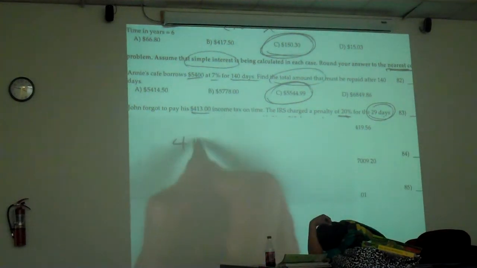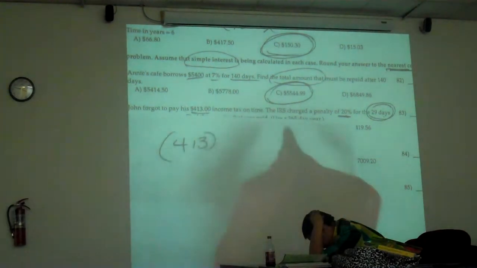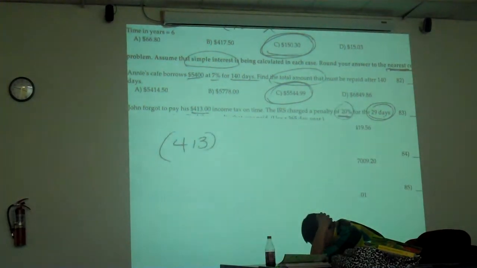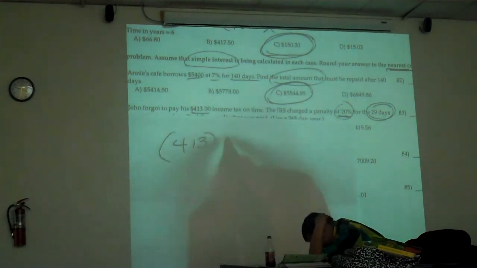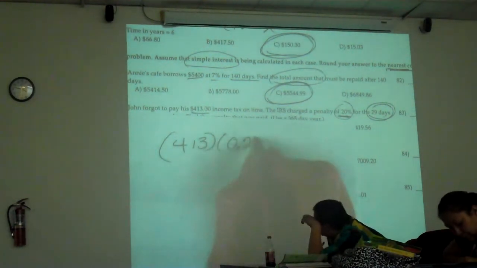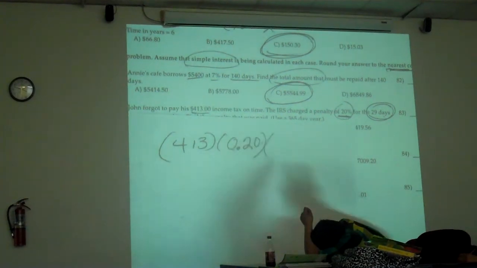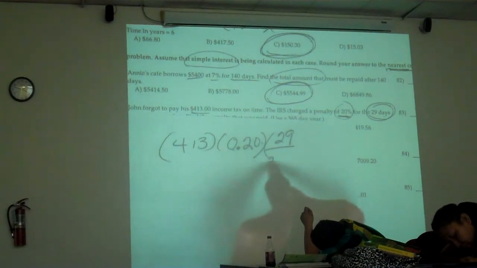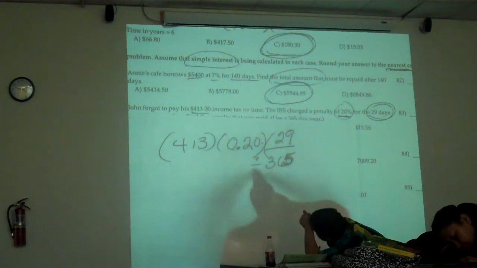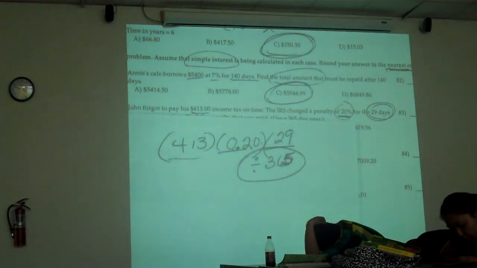Your amount was $413. 20%, how are we going to write that as a decimal? 0.20, right. Back twice. And the 29 days, 29 over 365. So you multiply all three of those, divide by 365.